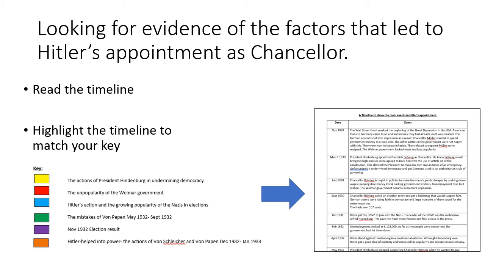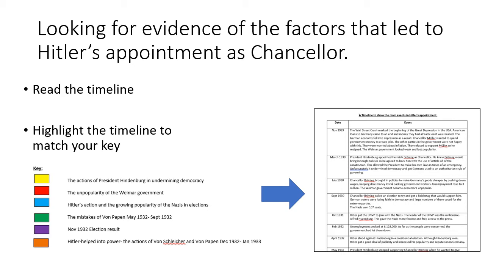Now this is a central task for today, and it's a research activity, because we've got to look for evidence of the factors that led to Hitler's appointment as Chancellor. So if you remember, we've argued that there are 3 factors that lead to Hitler's appointment as Chancellor. Number 1, the failings of the Weimar Republic and democracy being undermined.